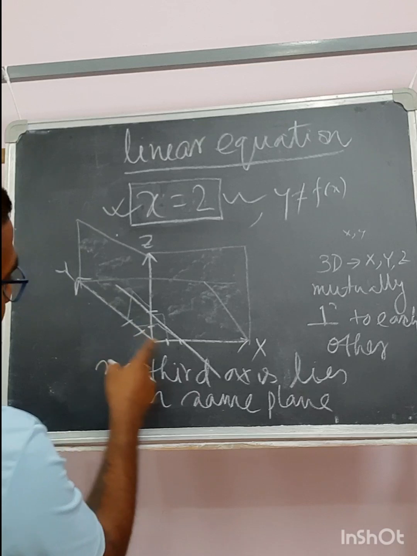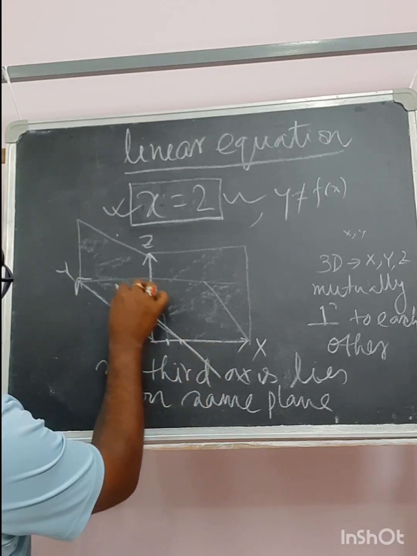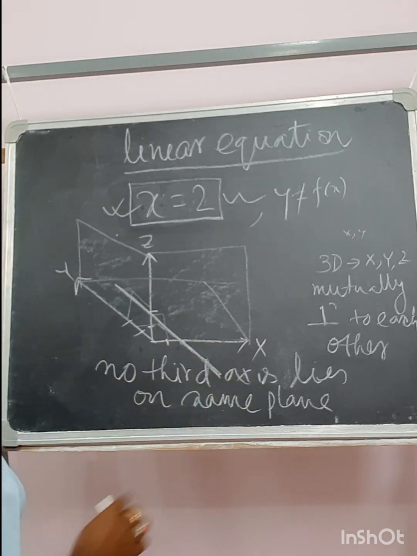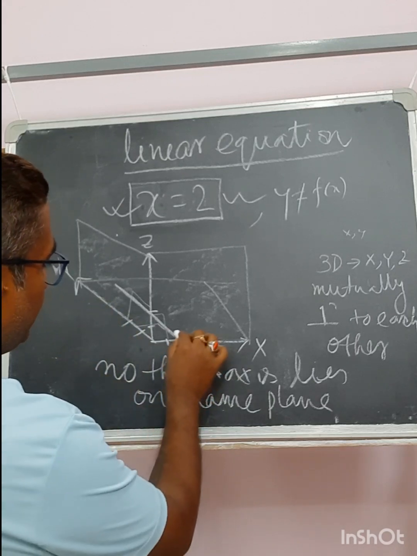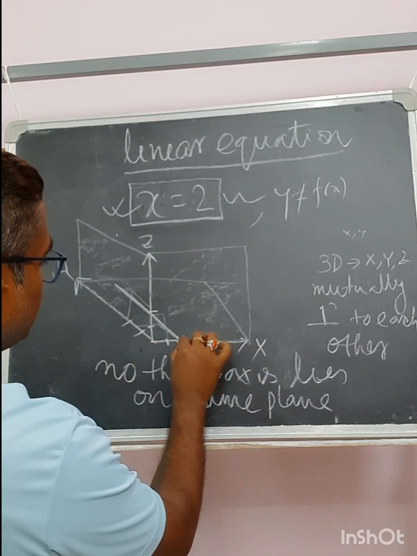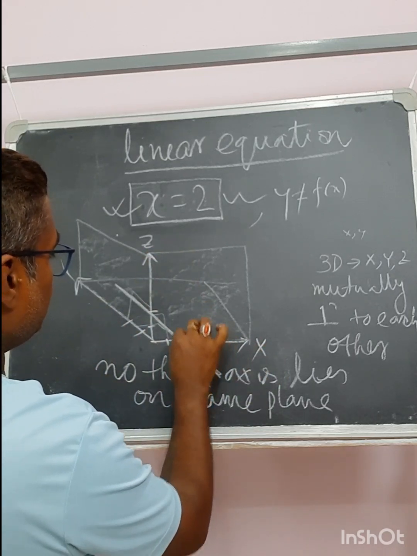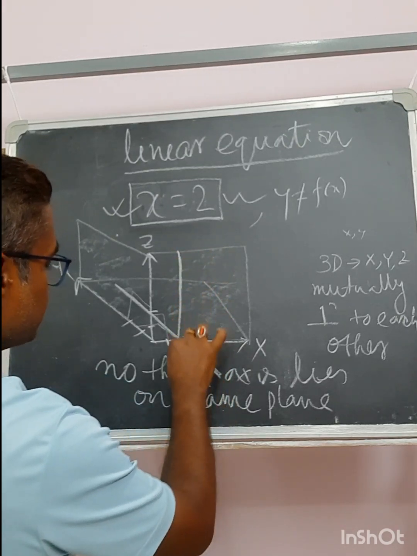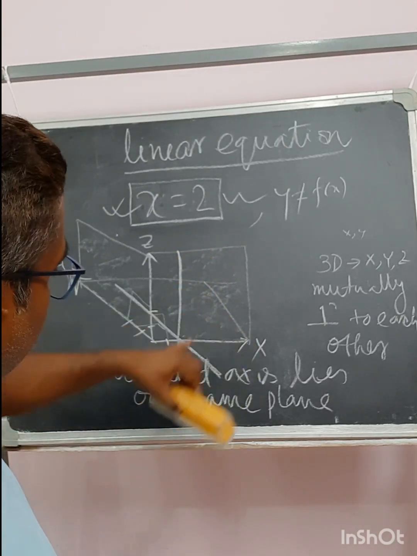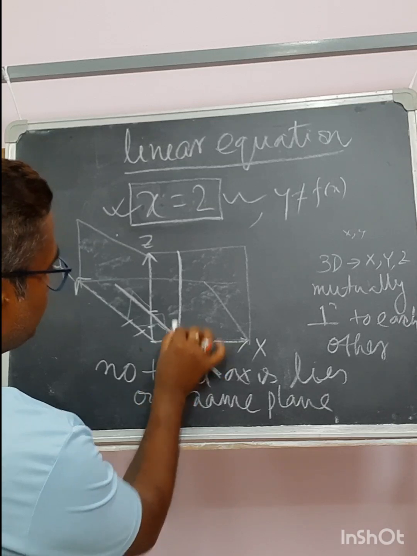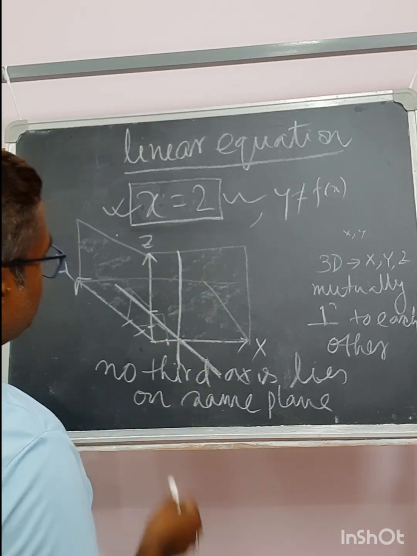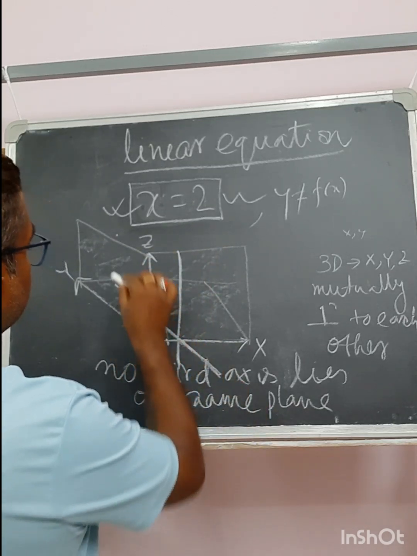If I take it in reference to the y axis, x will be there where y varies, and if I take this, then x is equal to 2 against the z axis. This is also true where x is equal to 2 but z varies. So I have to arrive somewhere.